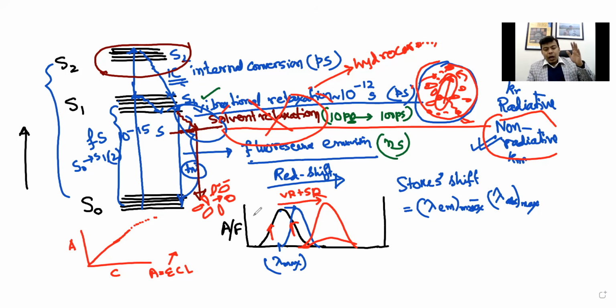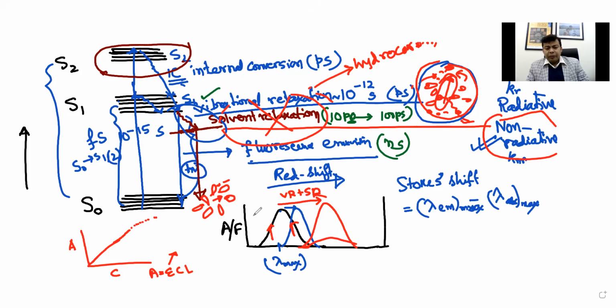And then, of course, there are relaxation processes in the excited state, like internal conversion, vibrational relaxation, and solvent relaxation, which typically occur on the picosecond to tens of picoseconds time scale. And then there is fluorescence emission, which is much more delayed compared to the absorption. It typically occurs on the nanosecond time scale.